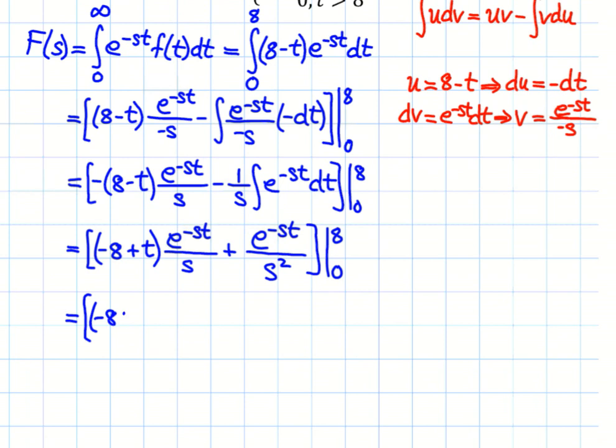First we put a in for t. And then we're going to put 0 in for t.